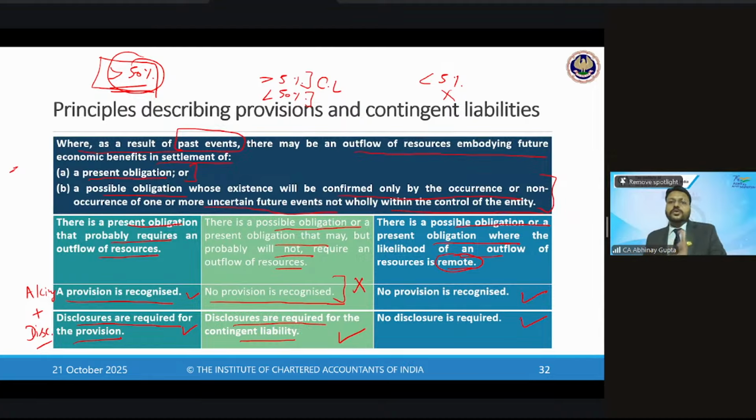Words are remote. So in the case of provision, it is probable. In the case of contingent liability, it is not probable. And in the case of not even contingent liability, it is remote, right? So you will not use these limits. Correct?